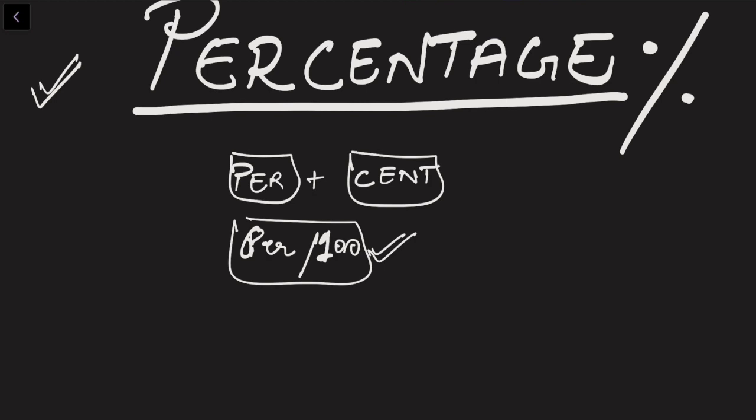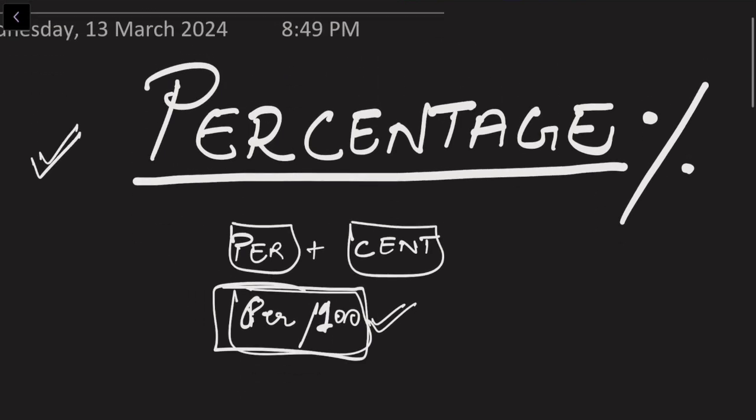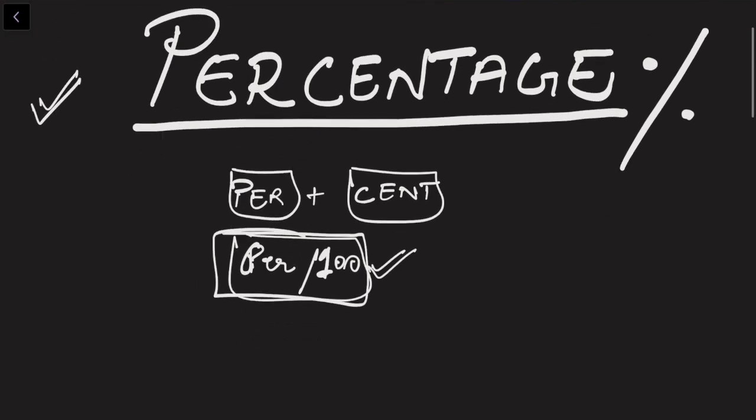That is what he is asking you, how much out of 100. So percent means per 100. We have to find out the answer with respect to 100. That is the basic meaning of percentage.